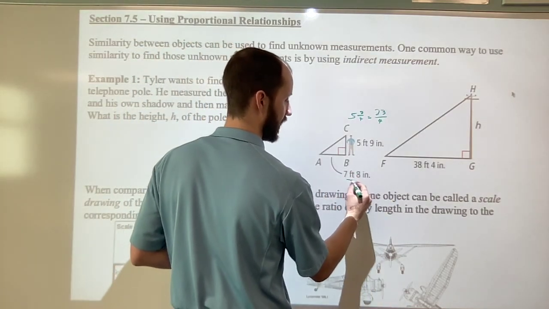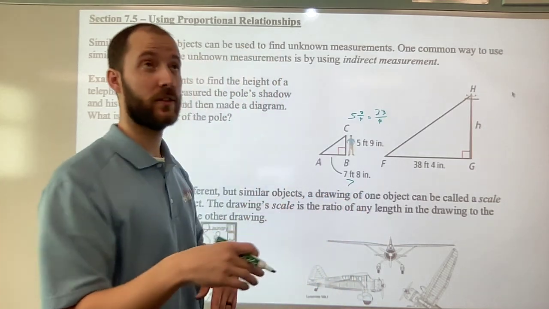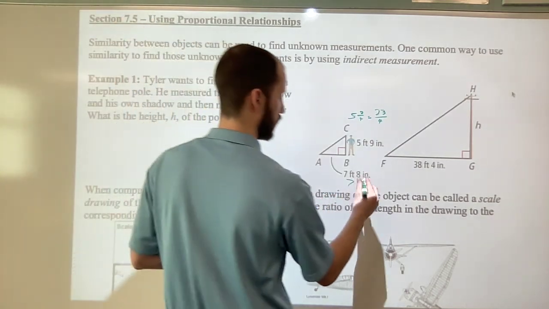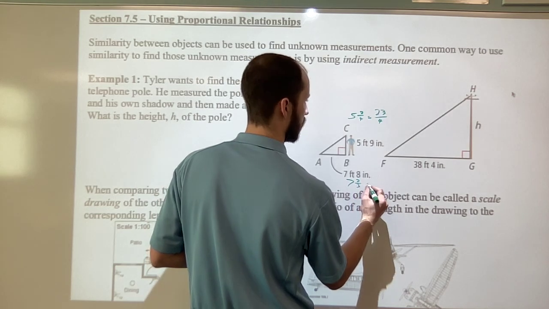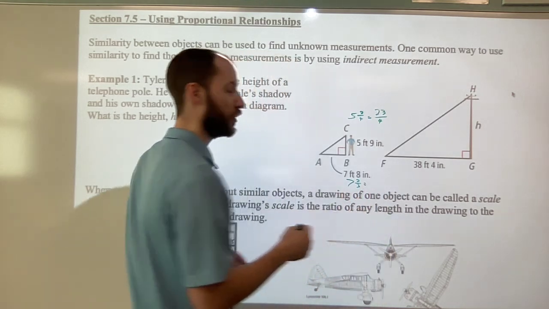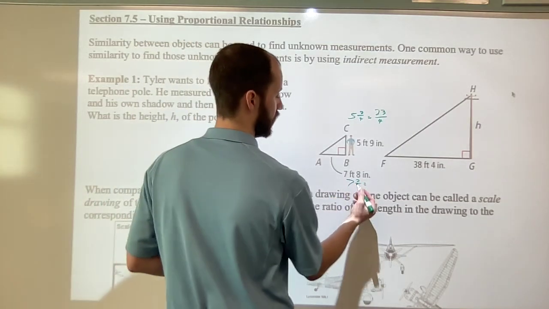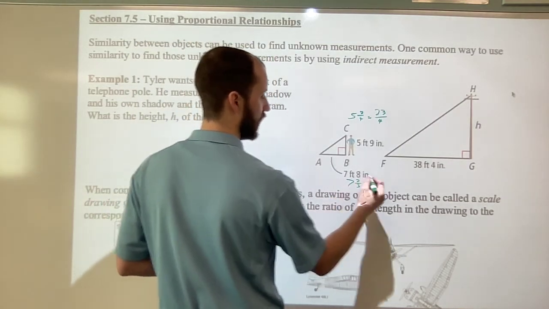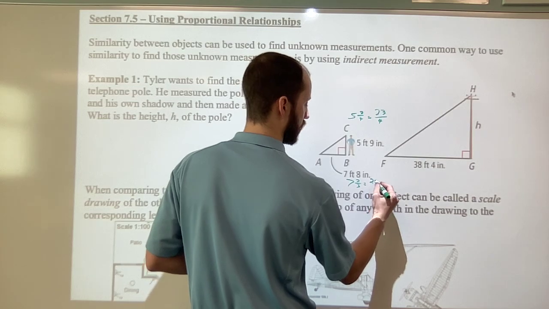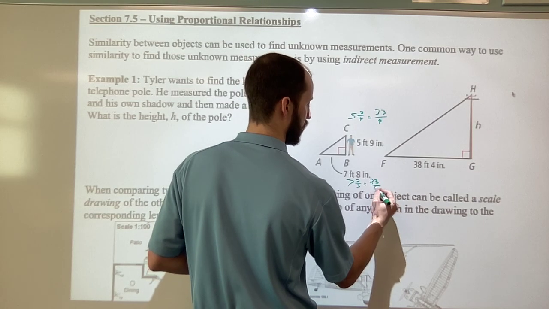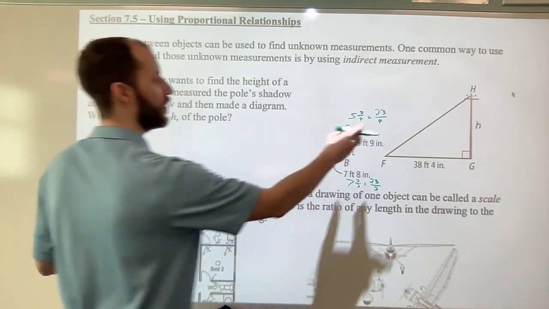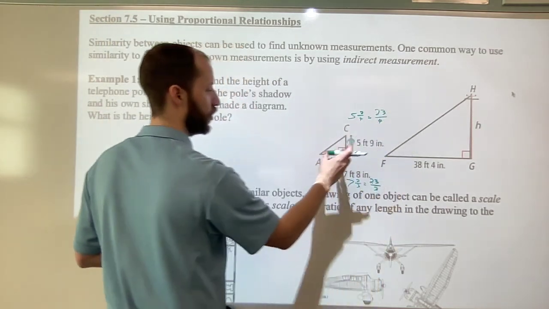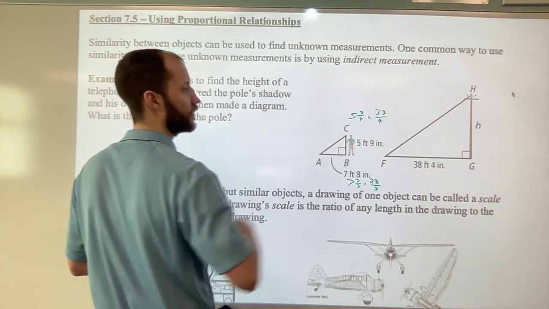That is 7 and 8 over 12, which is 2/3. So 7 and 2/3. And then convert that into an improper fraction. So 3 times 7, 21, and 2, so 23/3. Okay. So we have 23/4 and 23/3.